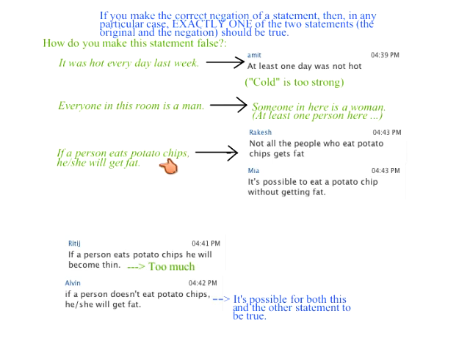Because if you think about what this statement entails, it is basically telling us that everybody who eats potato chips will get fat. So if you want to get it out of if-then form, it might make more sense if you do that.